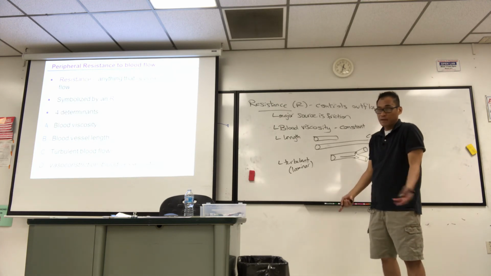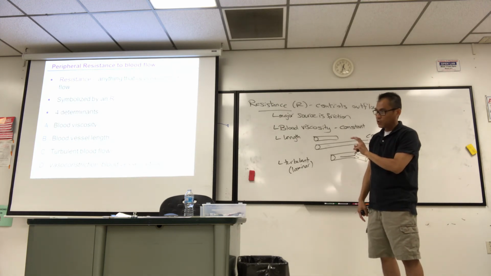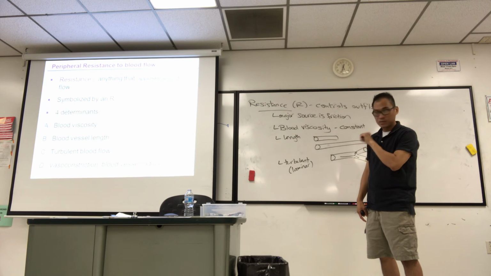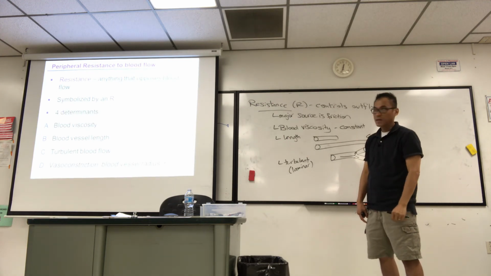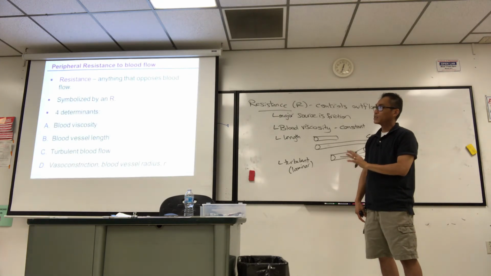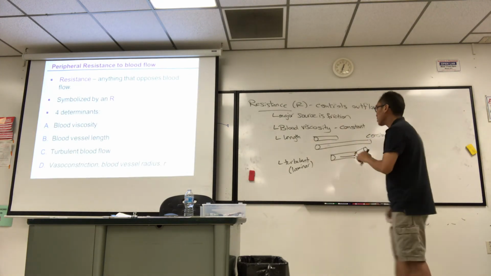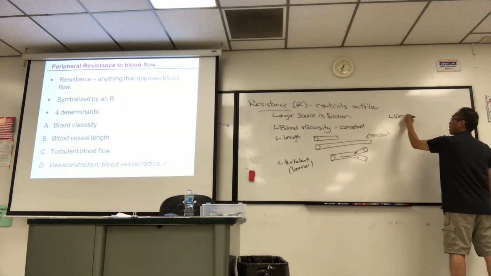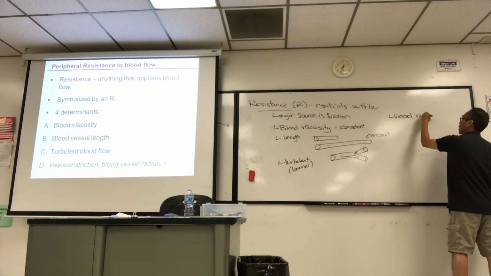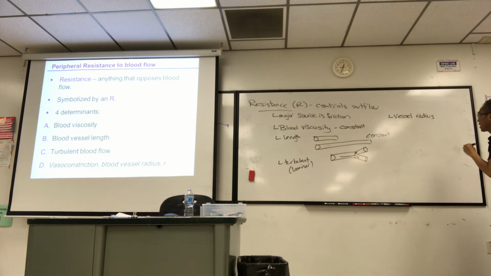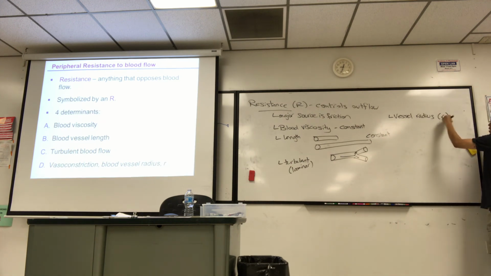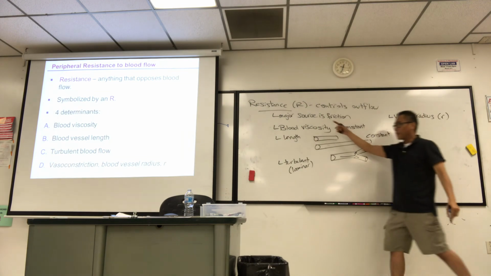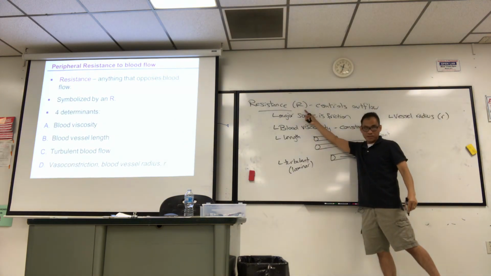It's not hard to understand. Vasoconstriction. You can physiologically vasoconstrict vessels or dilate them, and you control the radius. That is the strongest determinant of peripheral resistance. Vessel radius, symbolized by lowercase r, not to be confused with uppercase R for overall resistance.